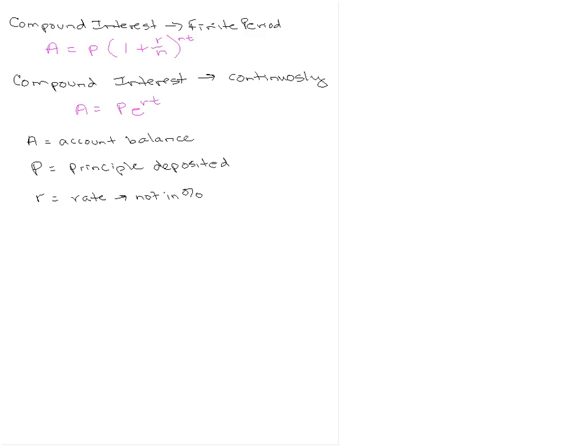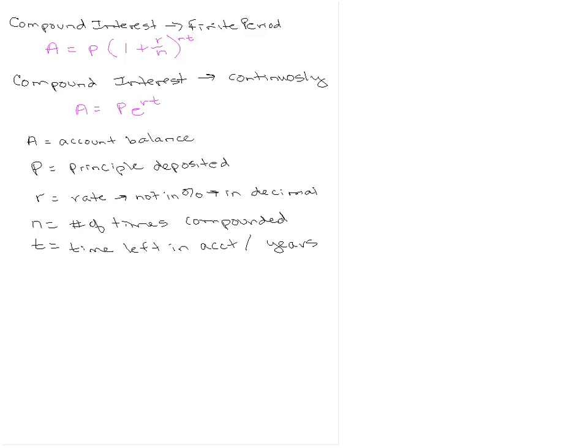It has to be in decimal form. N is the number of times compounded. And T is the time left in the account in years.